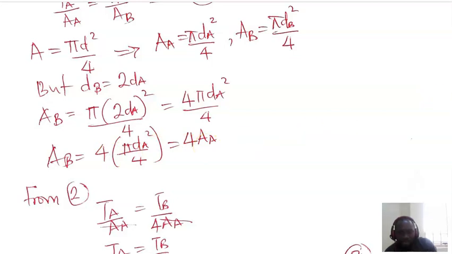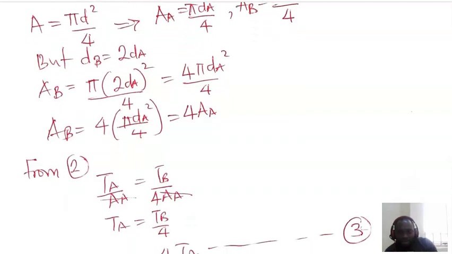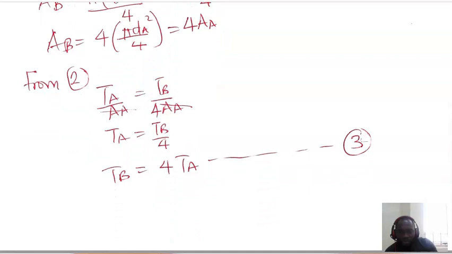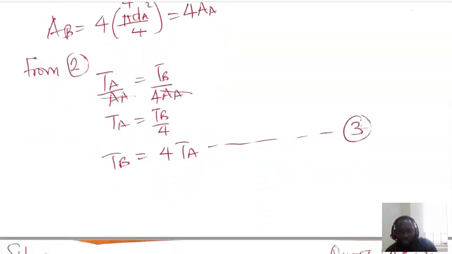So doing that now, from equal stress in A equals stress in B, instead of writing area of B, I'll write 4 times area of A. So with that, the area of A can cancel out. Then I'll be left with TA equals TB over 4.